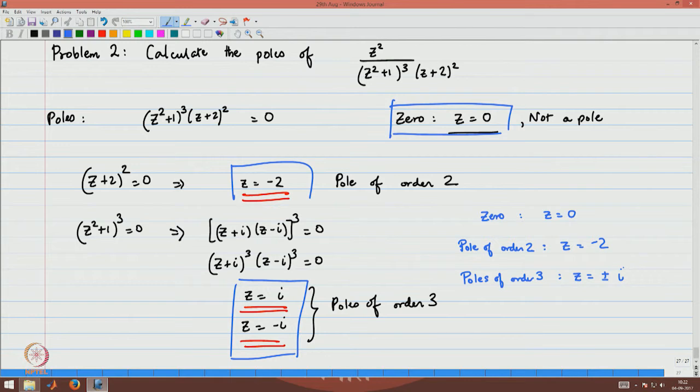So these are all the poles and the zeros of this function. Once you have the poles and the zeros, it is very easy to do the complex plane integration. Any contour integration can be easily calculated once you have the poles. I will not be doing problems on that because we already saw that in the last class.